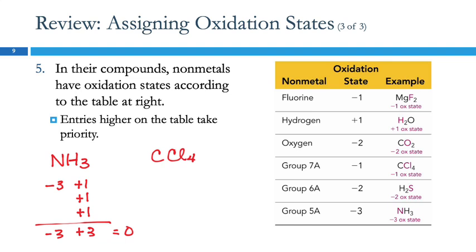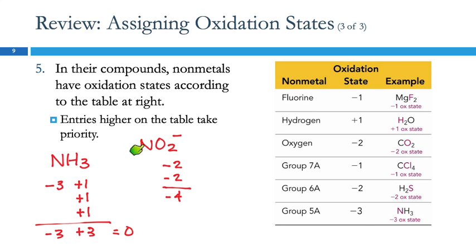Let's do a different one with nitrogen. Let's do the nitrite ion. So we think Fa 765. No fluorines, no hydrogens, but we have oxygen. What does oxygen choose? -2, because that's the charge it takes as an ion. That's how I remember it. So we've got a total of -4 charge here.